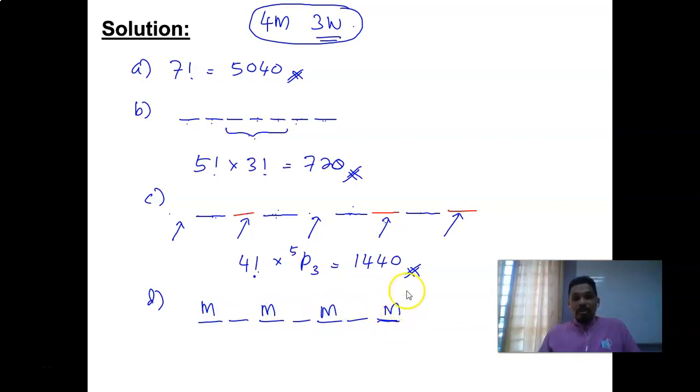Alternate places means man, woman, man, woman, man, woman, man. Then among these men, they may also change position among themselves, so 4 factorial. And for women, there are 3 of them, and these 3 women may also change seats among themselves, so we get 3 factorial. Then it is equal to 144.